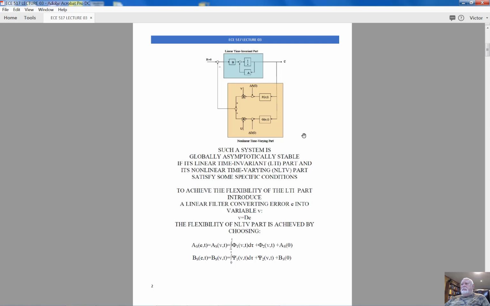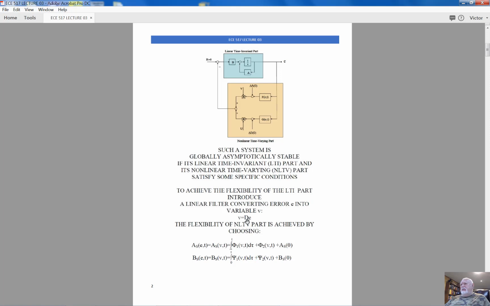Now, we are concerned about making this linear part flexible enough so that we would be able to impose these conditions, and we will do something about this nonlinear part. We have to make sure that it is flexible enough so that these special conditions could be implemented. With the linear part, it's easy to do.